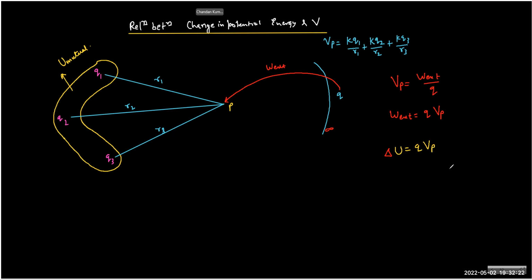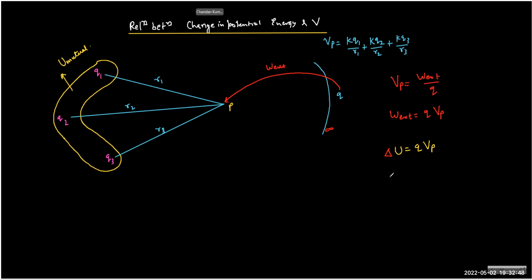When we add some charge to an existing system, and you know the location at which you want to place it, the additional work you have to do is simply Q into Vp, which is a very simple way to remember.